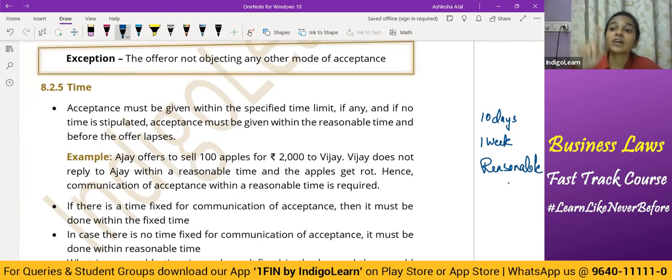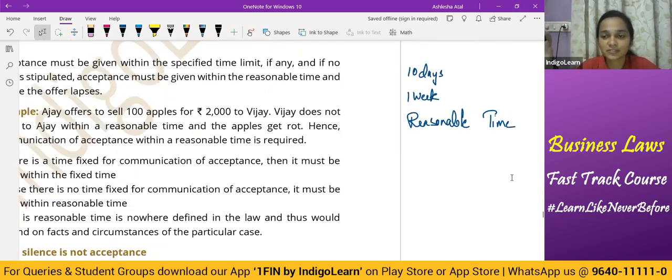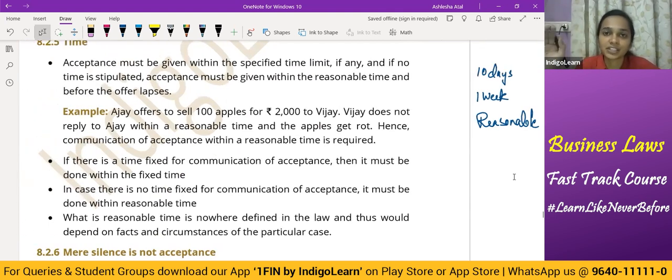In some situations, 1 day would be a reasonable time. So acceptance also has to be made within some time limit. Please understand there's no definition of reasonable time given. Reasonable time will be decided on the basis of the situation, on the basis of the type of offer which is being made.